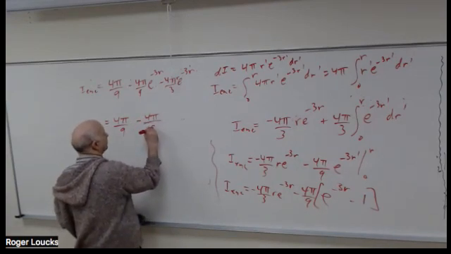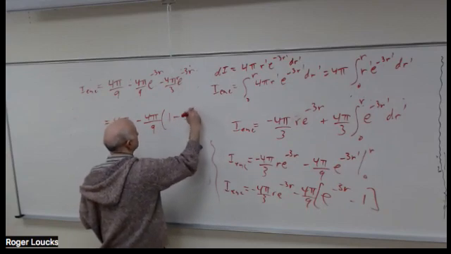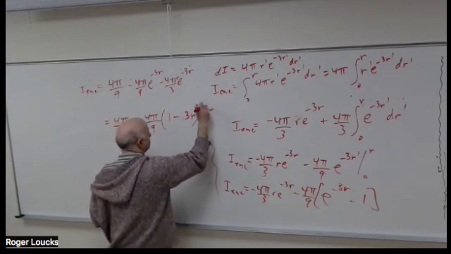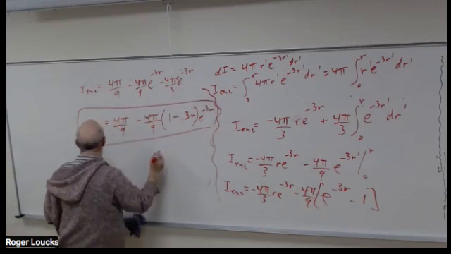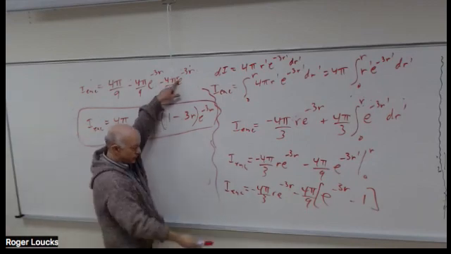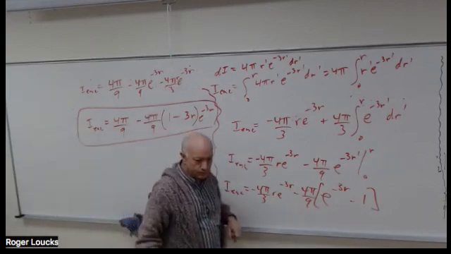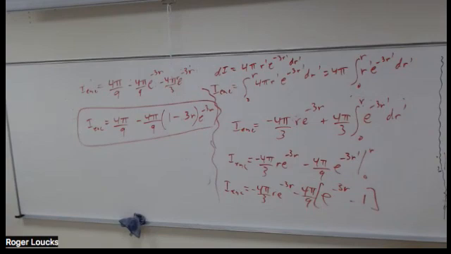Okay, so I'll pull out the 4π/9. This is going to be 1 minus 3r, minus 3r. Everyone sure I got this r, or do I drop that? Okay. And again, on the next test, I would not have you do any integration by parts.